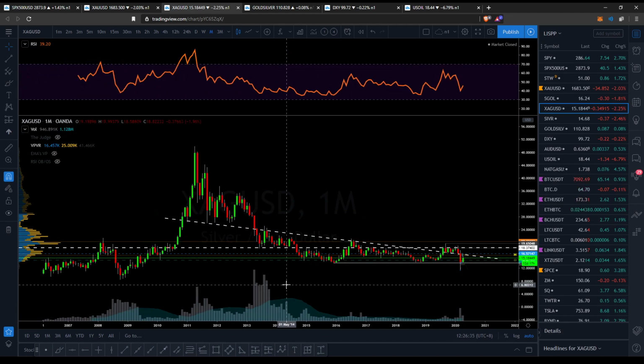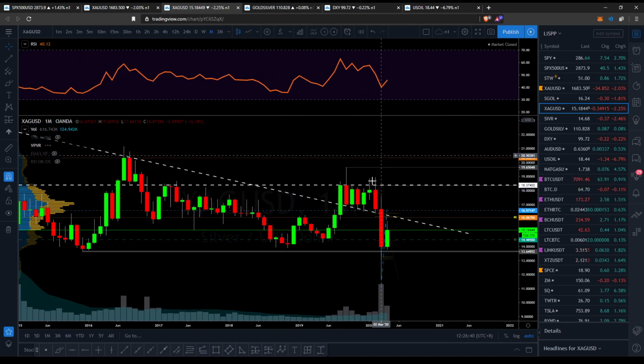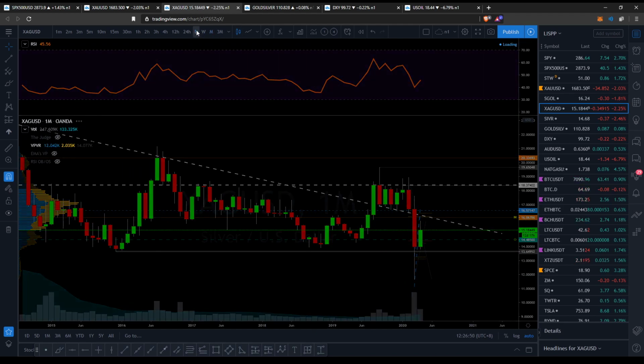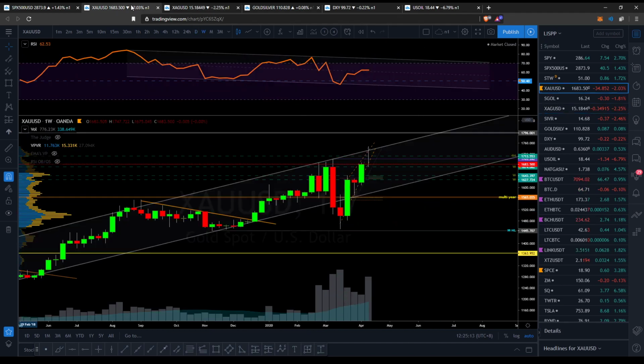So you can see I got these trend lines that we had here, and we were hoping to break up. Instead we broke down, and now we came back up to retest this white trend line, but we rejected so far on the monthly. So if we're looking on the daily, we had a similar rising wedge to gold, but we actually broke down out of this one faster.